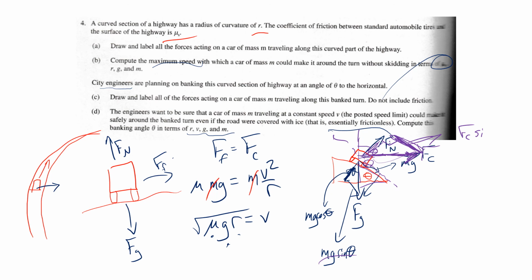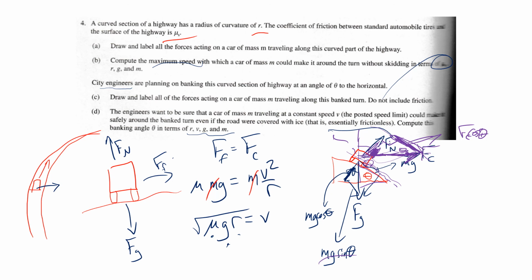If this is a theta and these are parallel lines and that's a transversal, that's going to be a theta. Not that one, sorry about the mess. But what it boils down to is that this is going to be a cosine theta, not a sine theta. All right, got that mess out of the way.